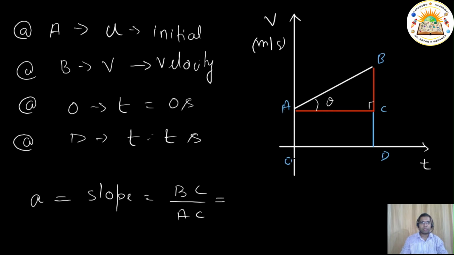BC can be written as V minus U, and AC is T minus 0, since AC and OD are similar. So BC is V minus U, and AC is T minus 0.